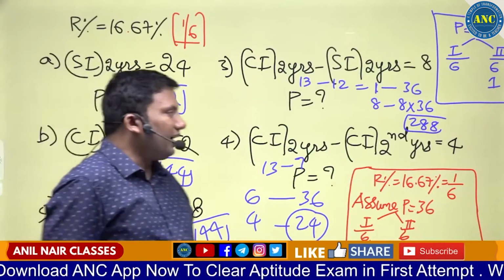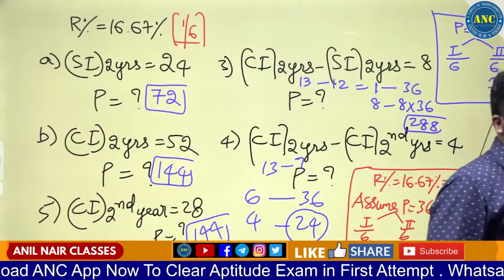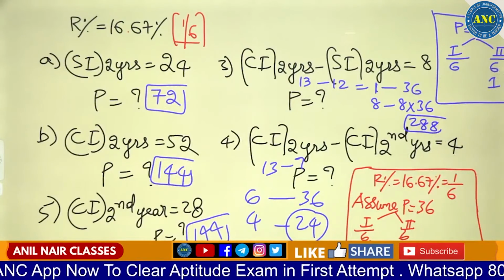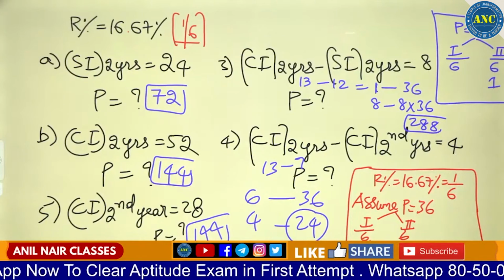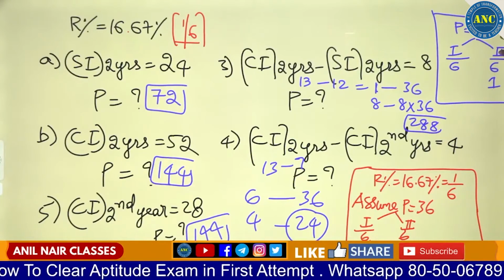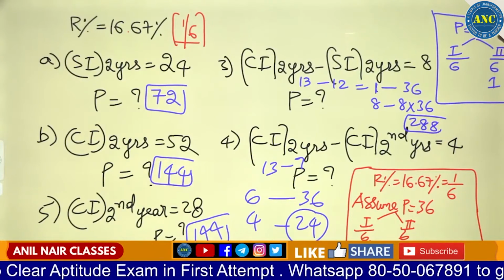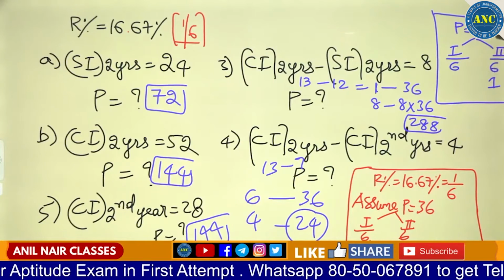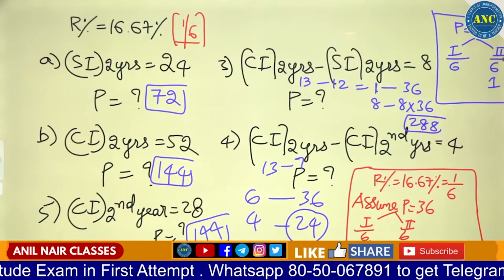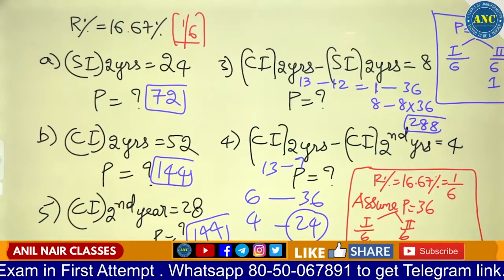I hope the idea is very clear to you. Any doubts are there, you can ask. Once you know how to draw the table, it will be very easy. 1 by 6, 6 square, it is 36. 1/6 of 36, 6. 1/6 of 6, 1.